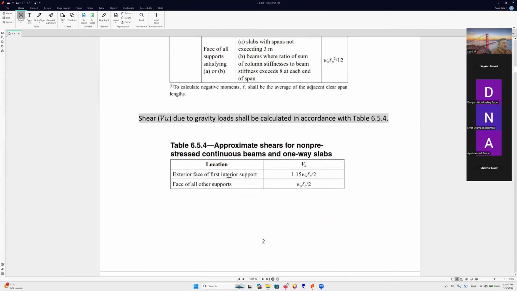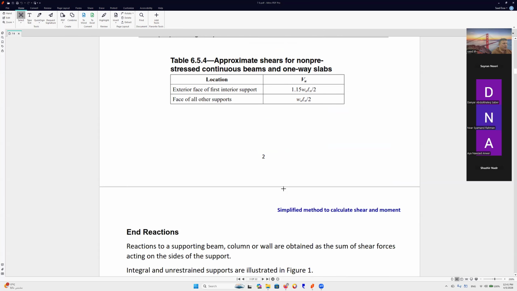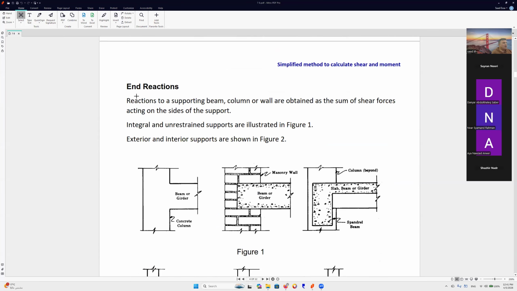And also we have the shear here. We have the exterior face of the first interior support, 1.15 Wu Ln over 2. The face of all other supports, Wu Ln over 2. Now, we have end reactions to the supporting beam.